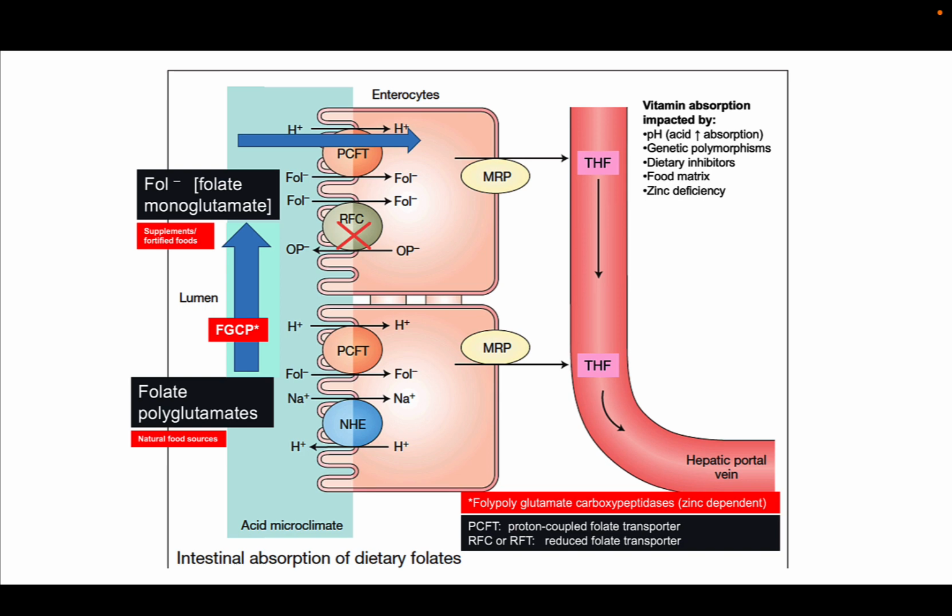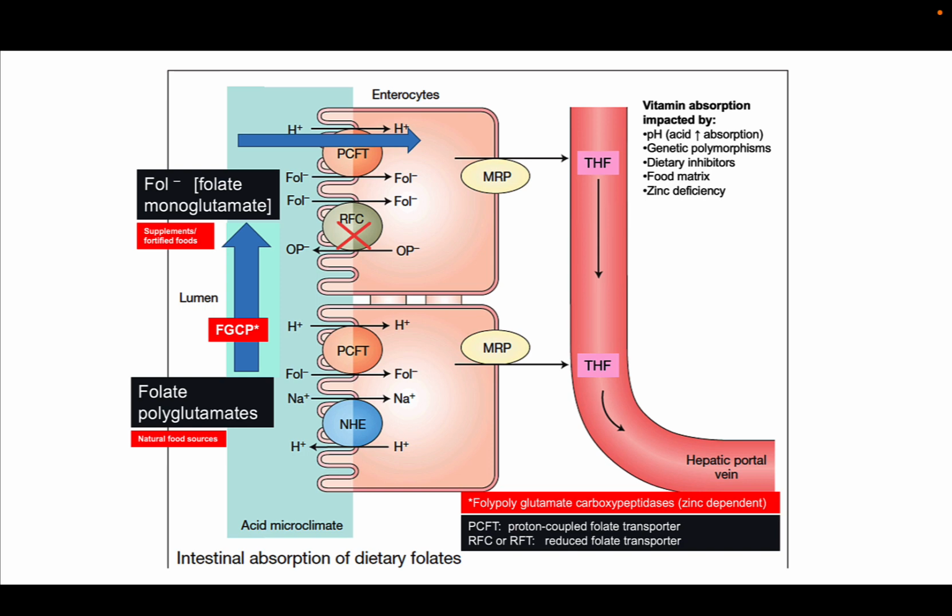So this process can be impacted by a number of things. The absorption of folate can be impacted by pH. So acid, or the presence of acid, can actually increase absorption. There are a number of genetic polymorphisms that also affect transport proteins and conversion proteins to change between different folate forms. So that could affect absorption, usually in a negative way.